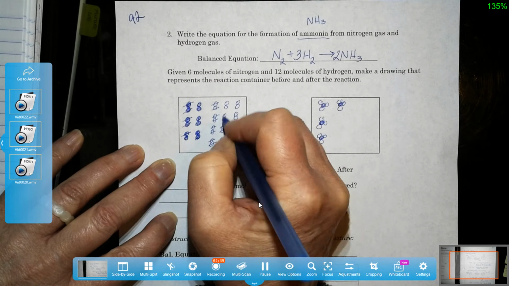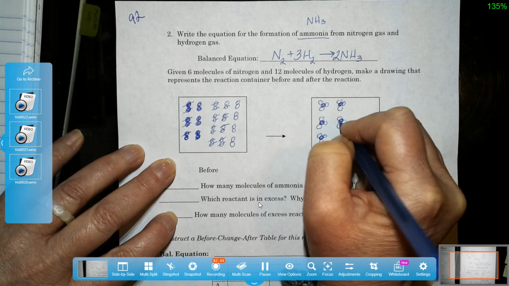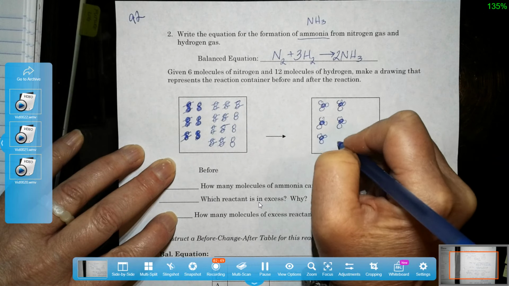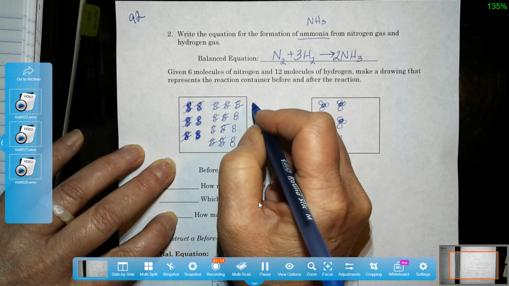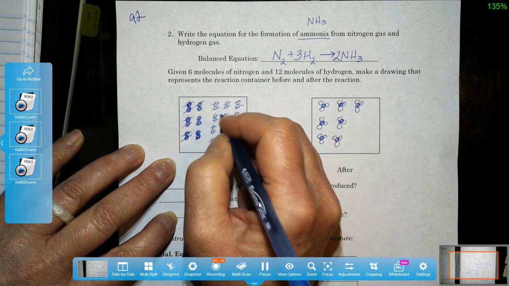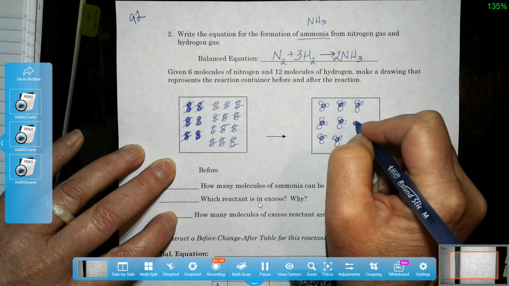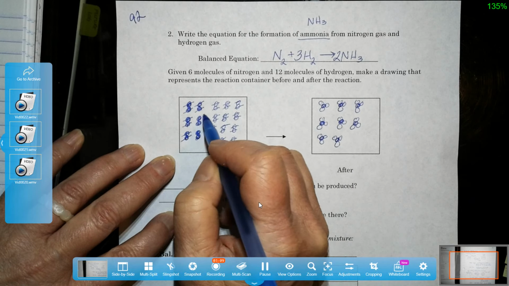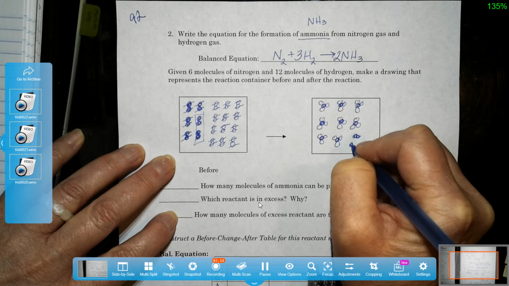And another, and another, and the last one, nitrogen, 3 hydrogens. And I am out of nitrogen. And I'm out of hydrogen, and now I have 2 of those left over, so I gotta draw them there because they're still there.